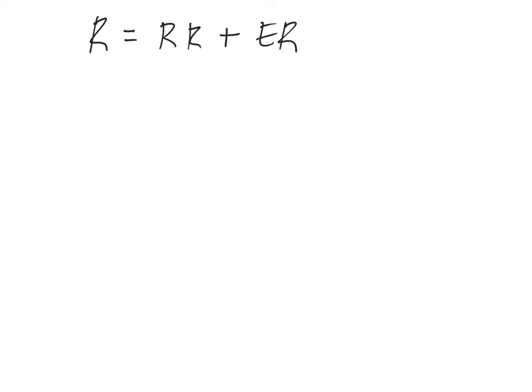So total reserves are the sum of required reserves plus excess reserves. The monetary base is equal to currency, that's dollars floating around or sitting in mattresses or in buildings or in your wallet, plus reserves at the Fed.